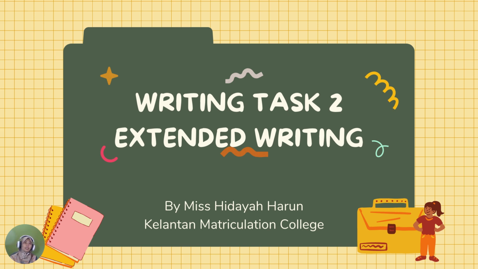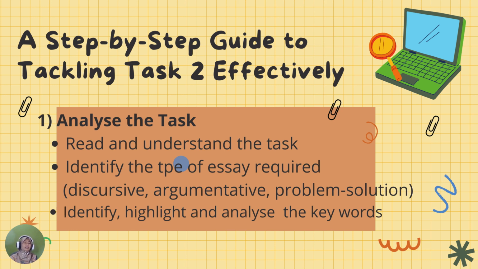Now I am going to continue with writing task 2, the extended writing. For this question, there are a few steps that you need to take. Once you get the question, read the question and try to understand the task. Identify the type of essay required.